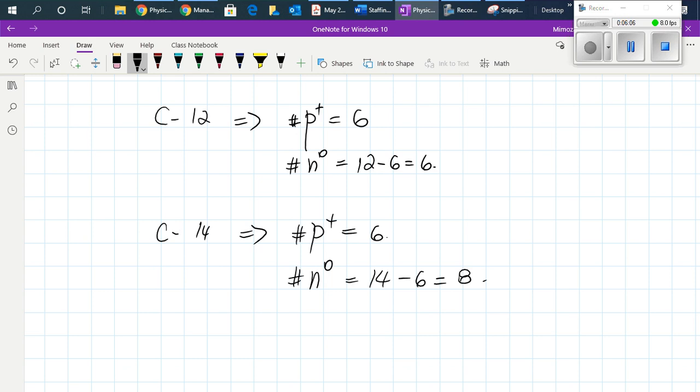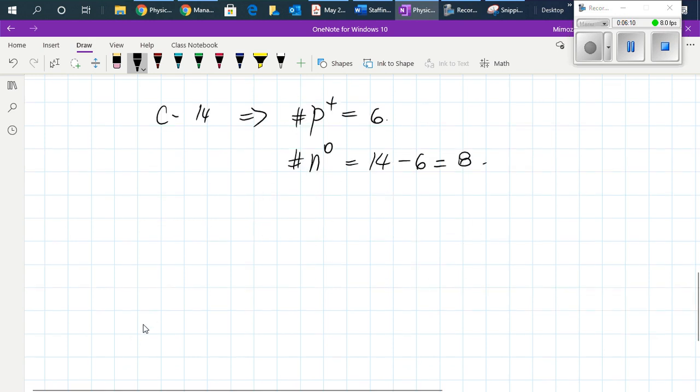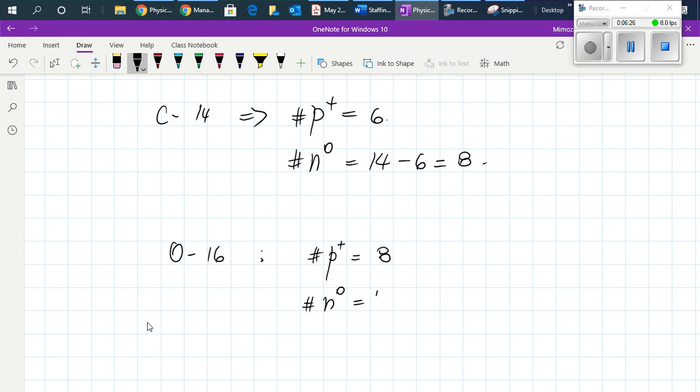So if we have, let's suppose, oxygen-16, oxygen being in the 8th place on the periodic table, the number of protons is 8, while the number of neutrons is 16 minus 8 equals 8. However, the number of nucleons is 16.